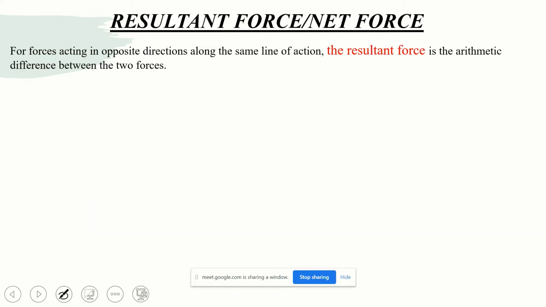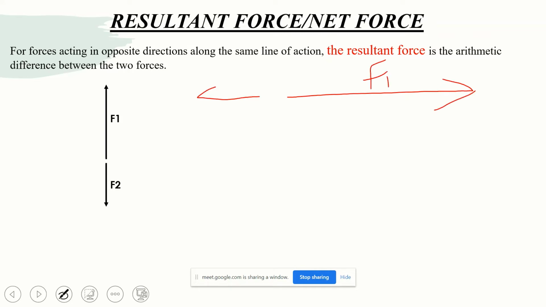Now, when we have two forces moving in opposite direction, for example, F1, F2, when two forces are moving in opposite direction along the same line of action, that means they are on the same point. What we do is that the resultant force is equal to what?